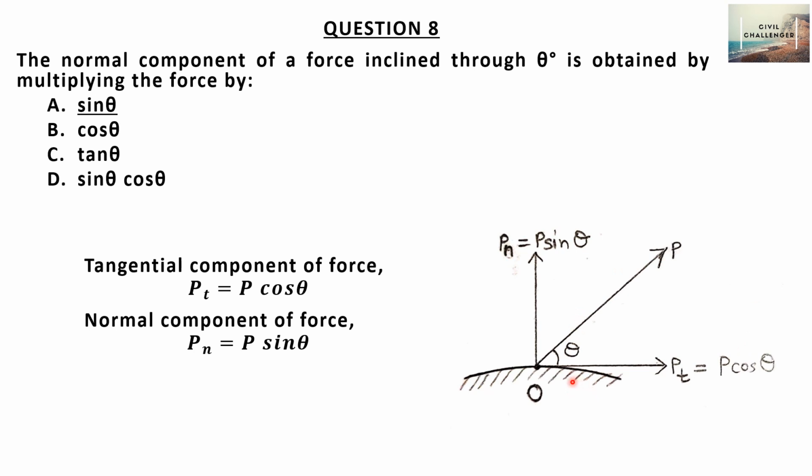The only thing is that it is parallel to the tangent at this point. Okay, so the tangential component of force Pt is equal to P cos theta and the normal component of force Pn is equal to P sin theta. Therefore the correct answer is option A. The normal component of a force inclined through theta degree is obtained by multiplying the force by sin theta.